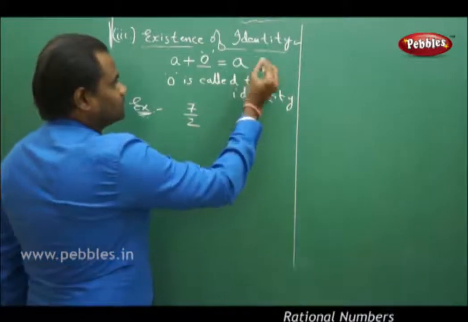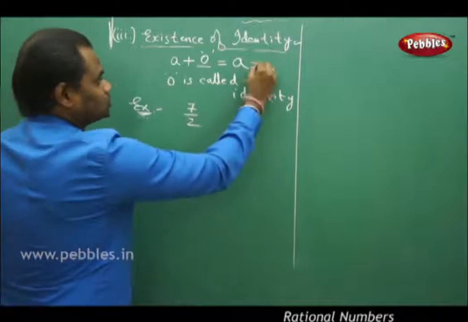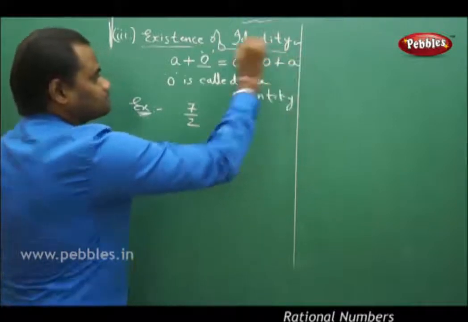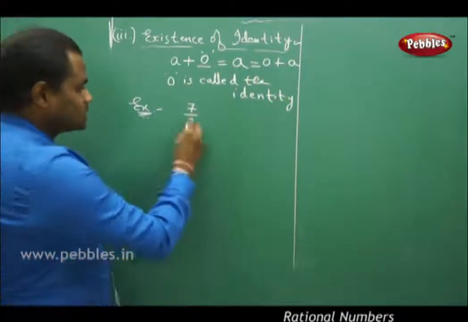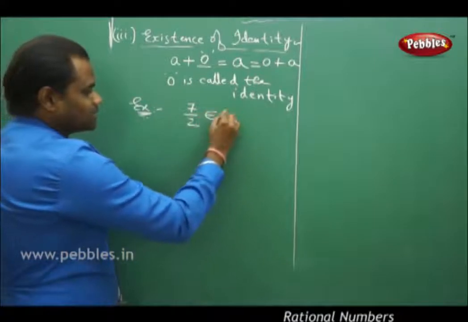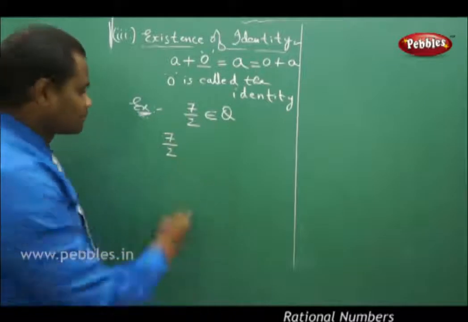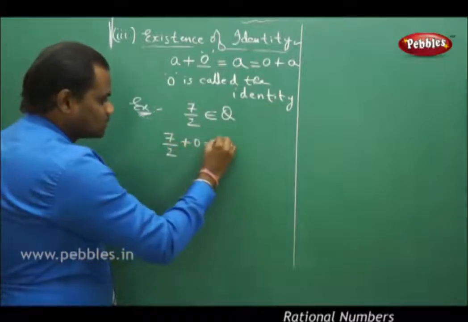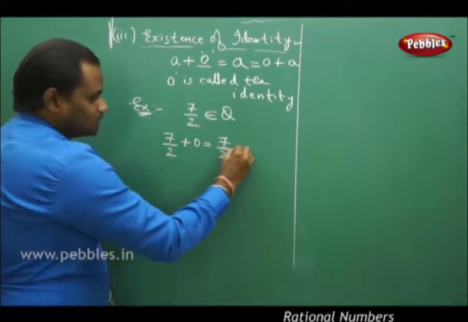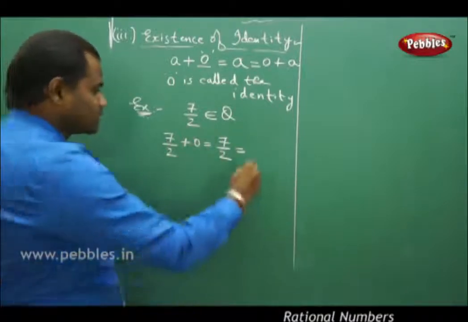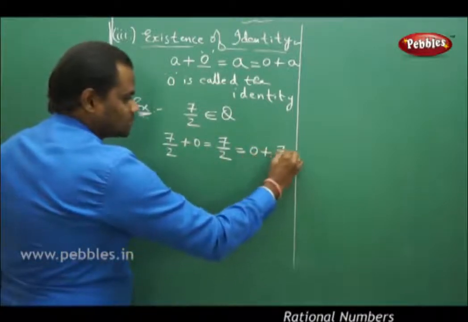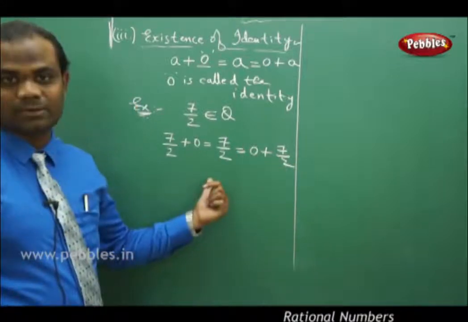So A + 0 should also be equal to 0 + A. In this case, when I take 7/2 as the rational number, then I clearly understand that 7/2 when added with 0 gives me back 7/2. In the other case, 0 plus 7/2 also gives me 7/2.